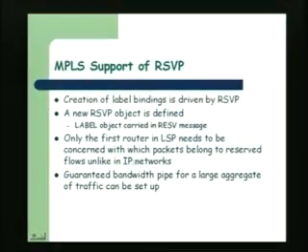You can see that only the first router in the LSP needs to be concerned with which packets belong to the reserved flows, unlike in IP networks, because it is the first router which will do the packet classification of these IP packets into the corresponding FECs, which are associated with certain QoS states.